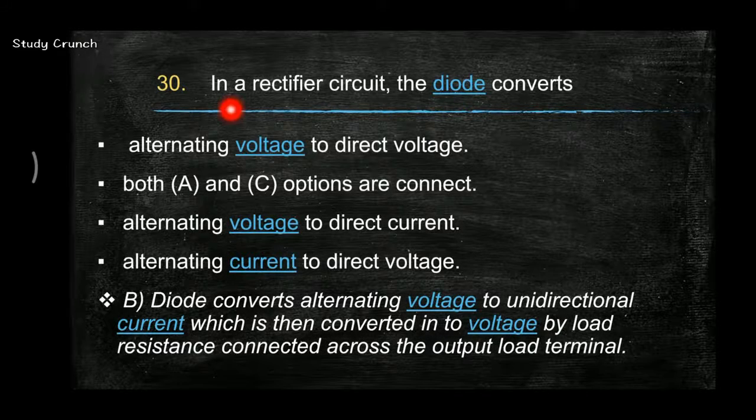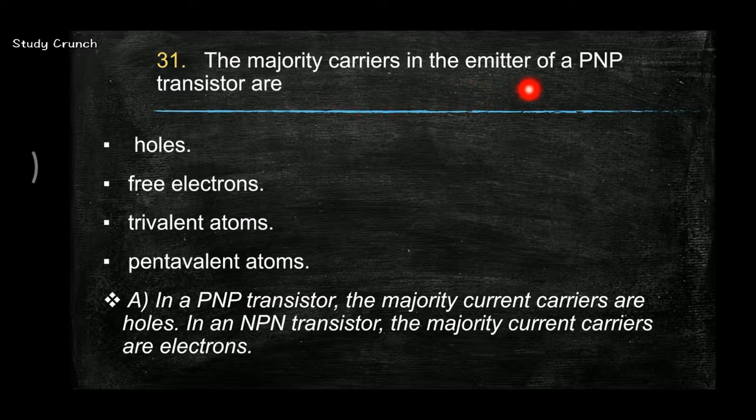Next, in a rectifier circuit, the diode converts alternating voltage to direct voltage and alternating current to direct current. So the answer is both A and C options are correct. The majority carriers in the emitter of a PNP transistor are holes.